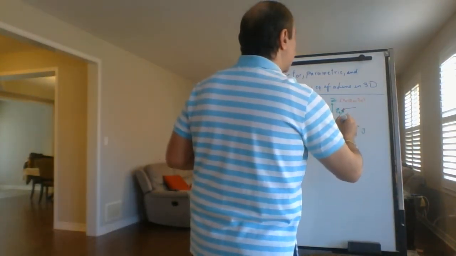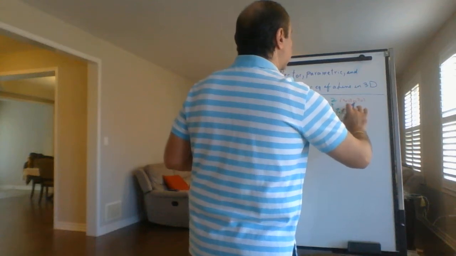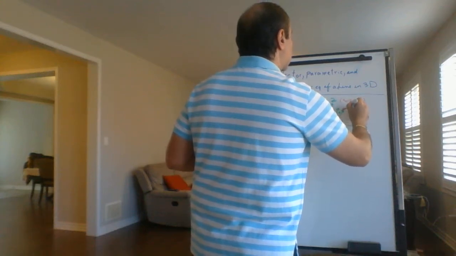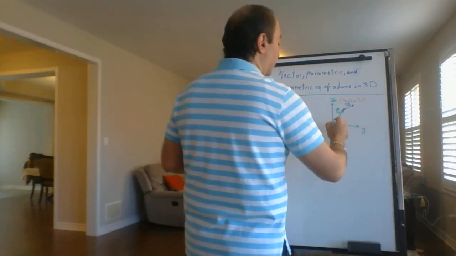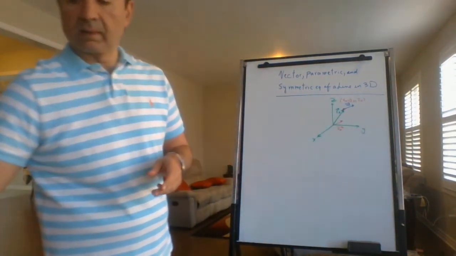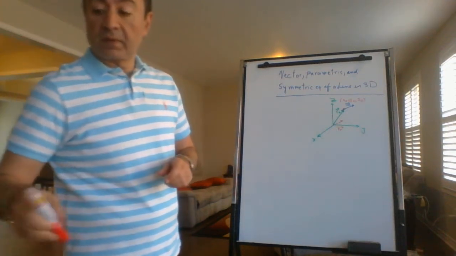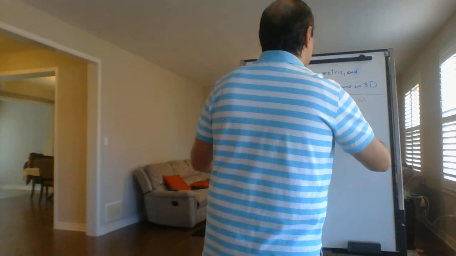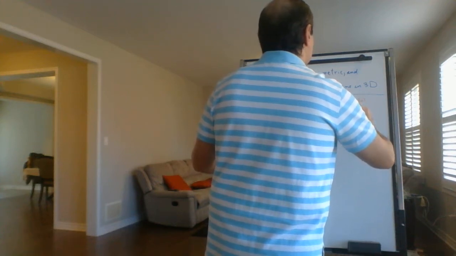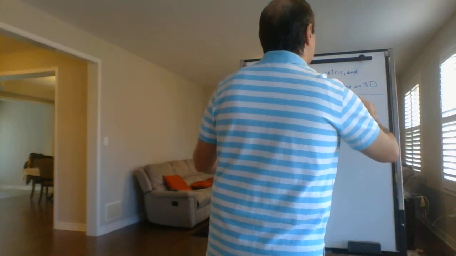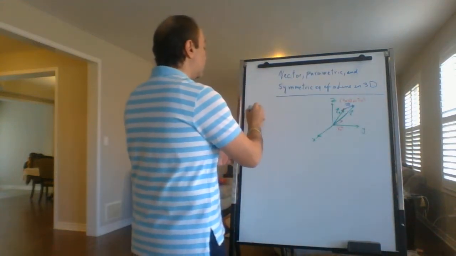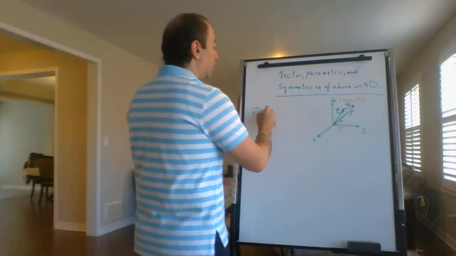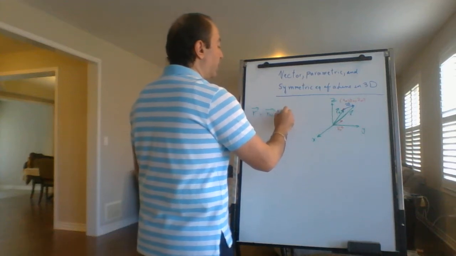So I will draw a vector that's parallel to m. And then I connect the tail of the first with the head of the last. And this will be vector r that connects any point on the line with the origin. And vector r will equal r sub 0 plus m.